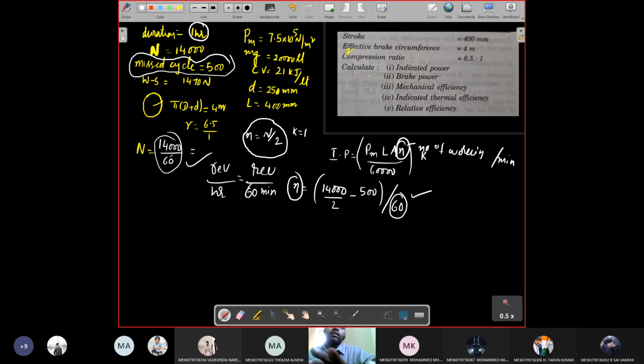Then again we are dividing by 60 while finding small n, no sir? If you consider this 60 here, then only 1,000 you have to consider in the denominator, need not consider 60,000.